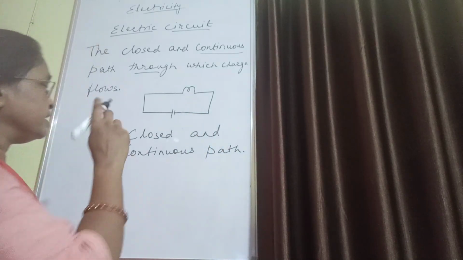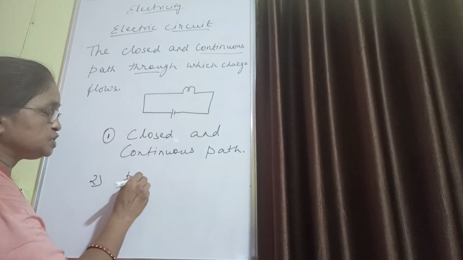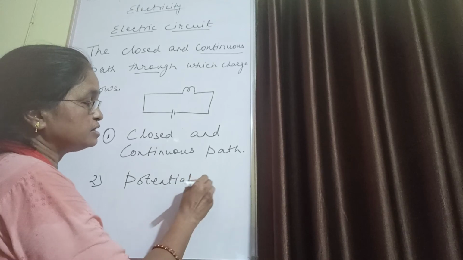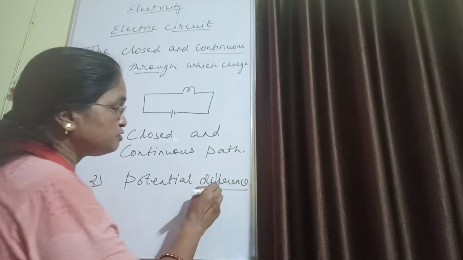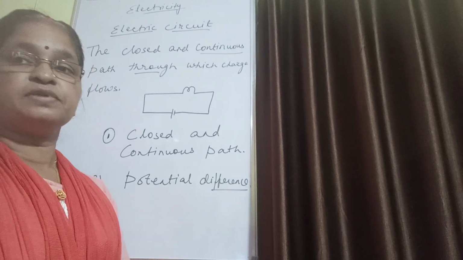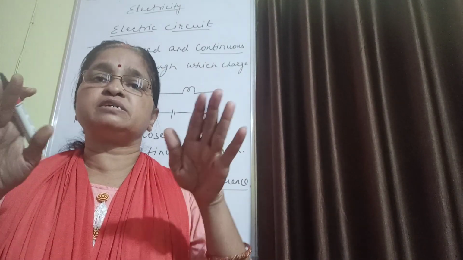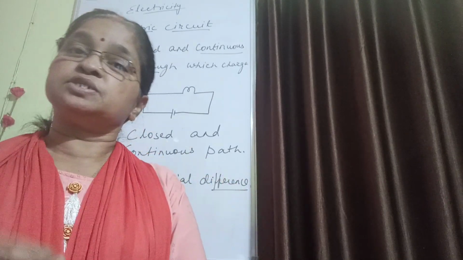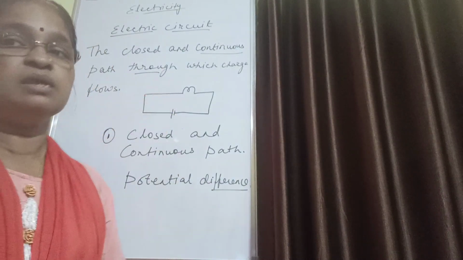And second, there must be potential difference. If there is no difference in charge, then who will flow? No one will flow, but it will become stable. So there must be potential difference, and then only the current will flow.